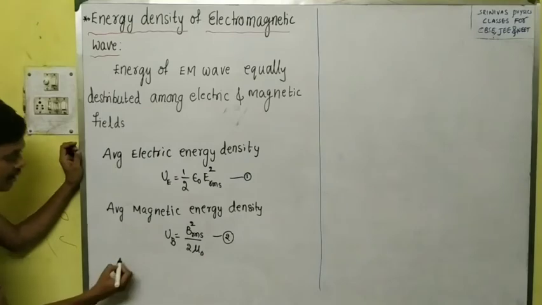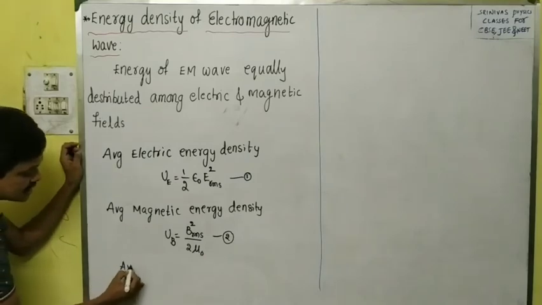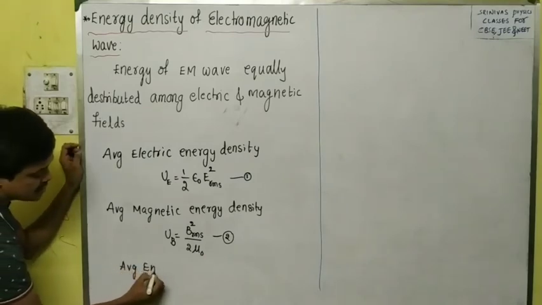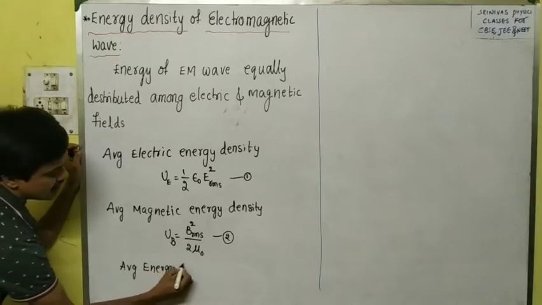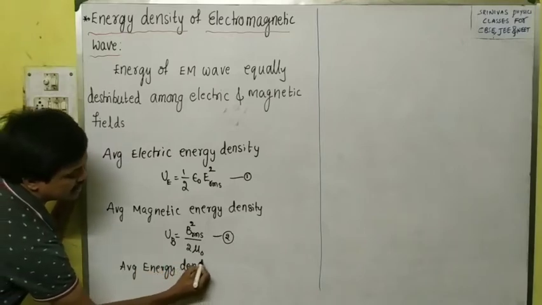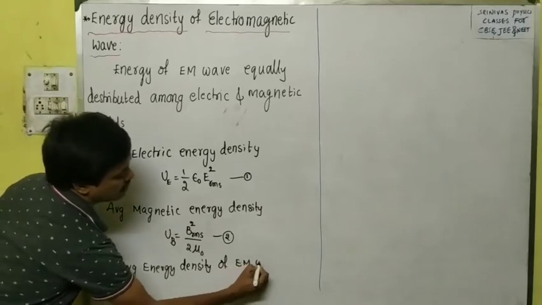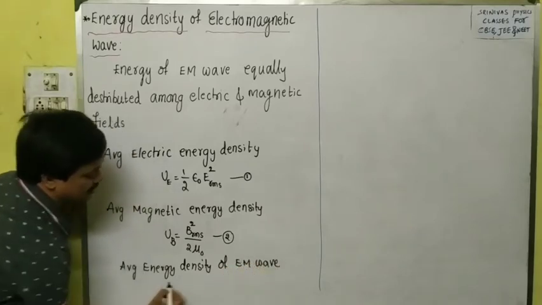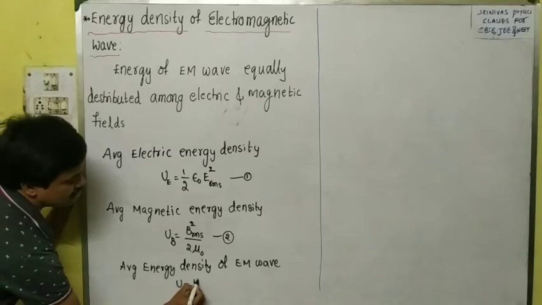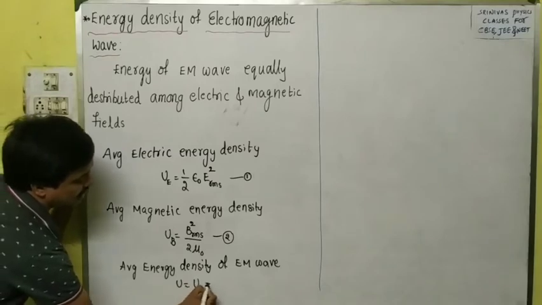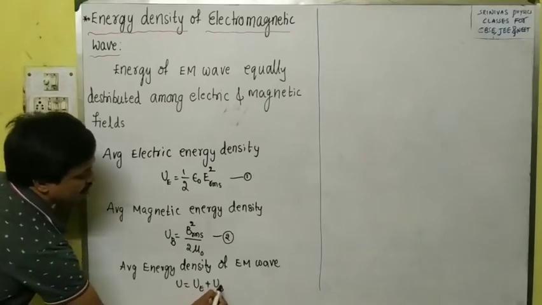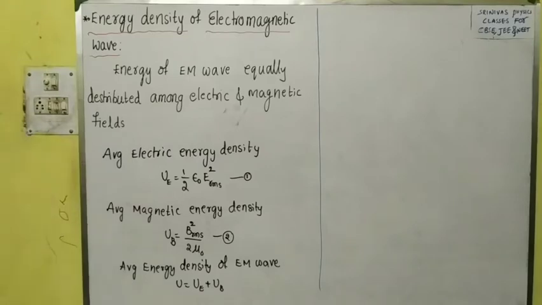I want the average energy density of EM wave. EM wave means electromagnetic wave. That is the sum of electric energy density and magnetic energy density. That means we write U is equal to UE plus UB.